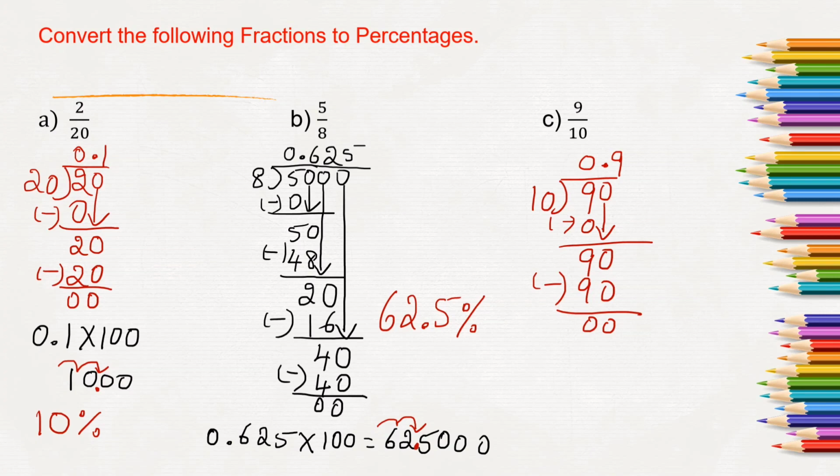Now 0.9 into 100 means bring out all three zeros, and then 9 one time is 9. As there are two zeros in 100, after two digits we'll have to place the decimal point, which will be equal to 90. Then place the percentage sign. So 9 by 10 is nothing but 90%.